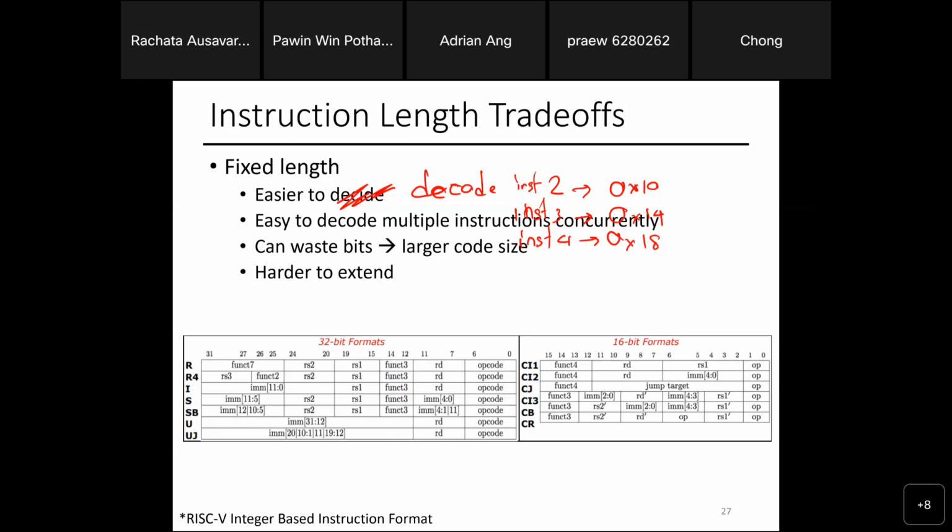So the project used the ISA called RISC-V, and it is a fixed-size format. It has a 16-bit format and a 32-bit format, and as you can see here, each row corresponds to a type of instruction. You can always say, for example, the first 7 bits, bit 0 to bit 6, will be your opcode.